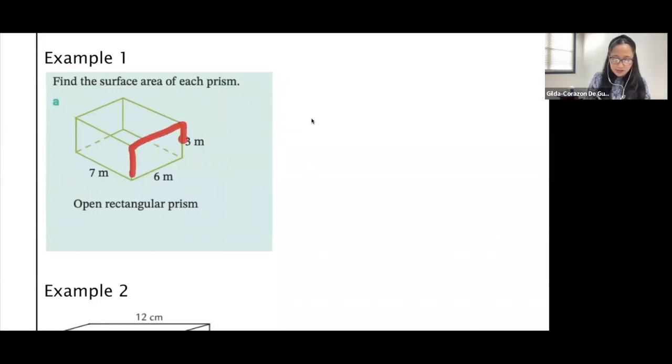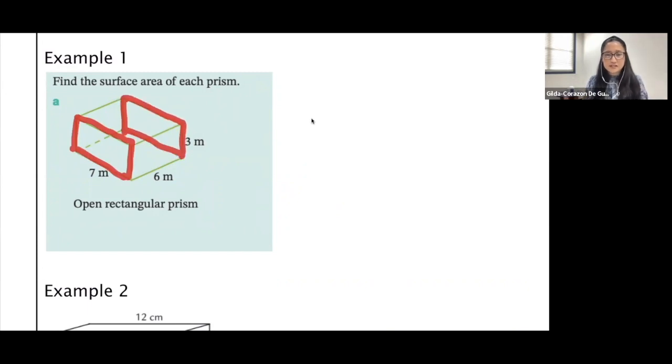Well, this one here would have the same area as this one, and those are your opposite faces, right? There's another opposite face. You've got the front here and the back, right? And when you have these opposite faces, then you don't have to double your work, right?